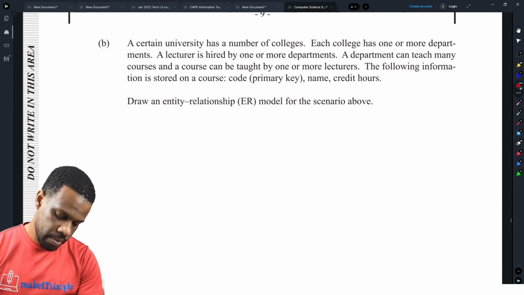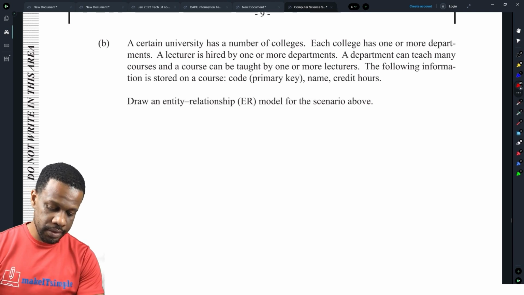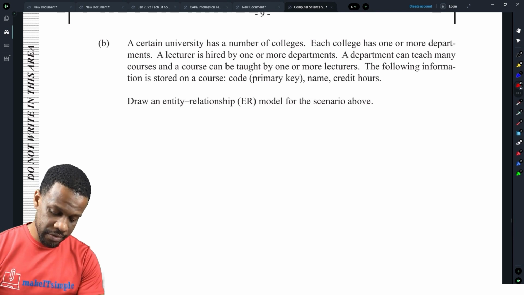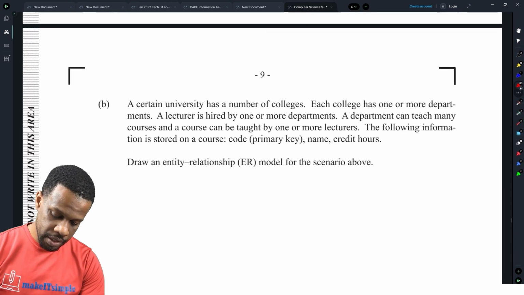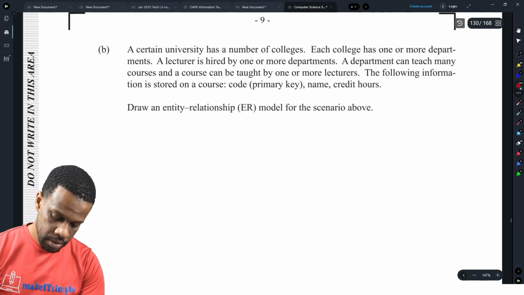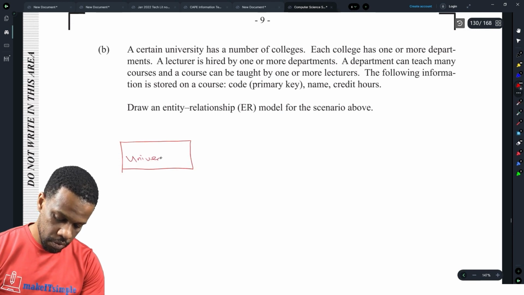Alright, so this is always a contentious thing, whether to include university. I've just started to include it because of, I don't know, peer pressure. University has a number of colleges. So one university has a number of colleges, many colleges, we don't know how much.